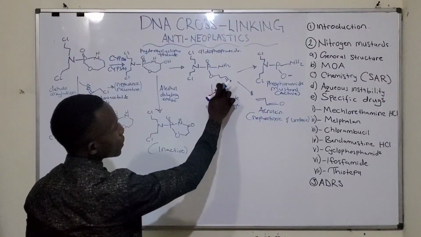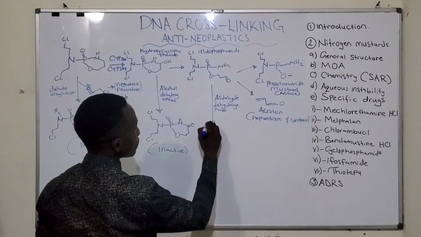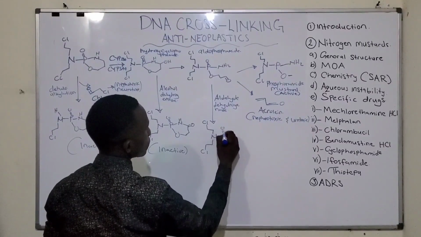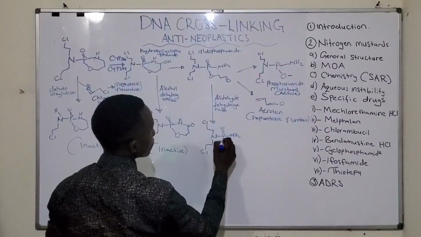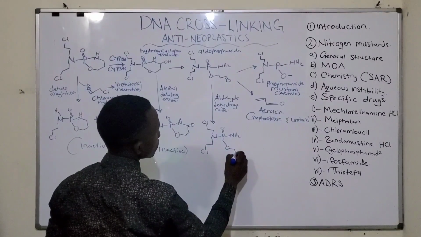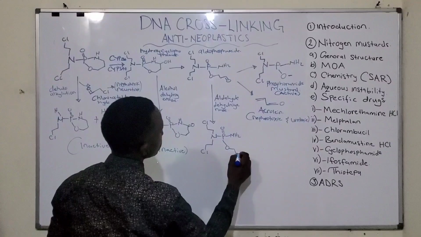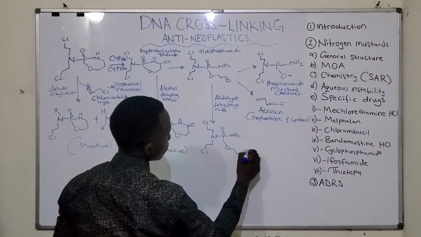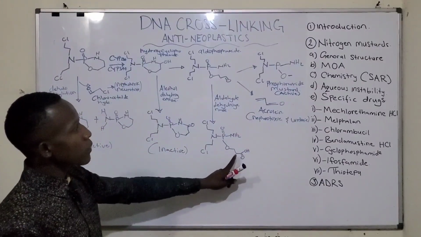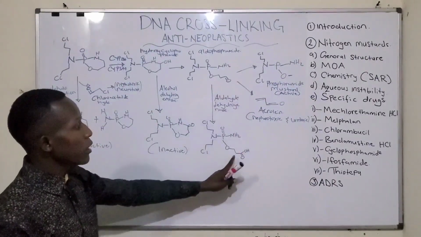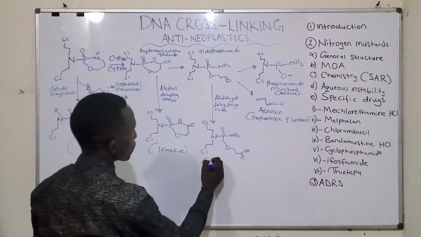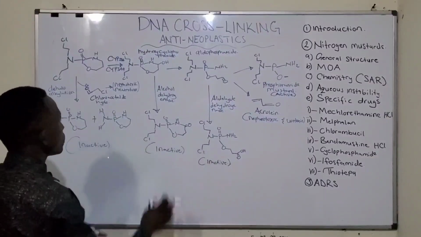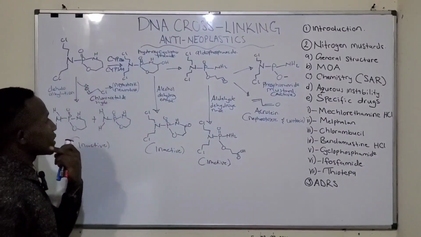This one will lead to oxidation of this group. Instead of the aldehyde, we have the carboxylic acid. And also this one is inactive. Those are the three ways to inactivation of the cyclophosphamide.